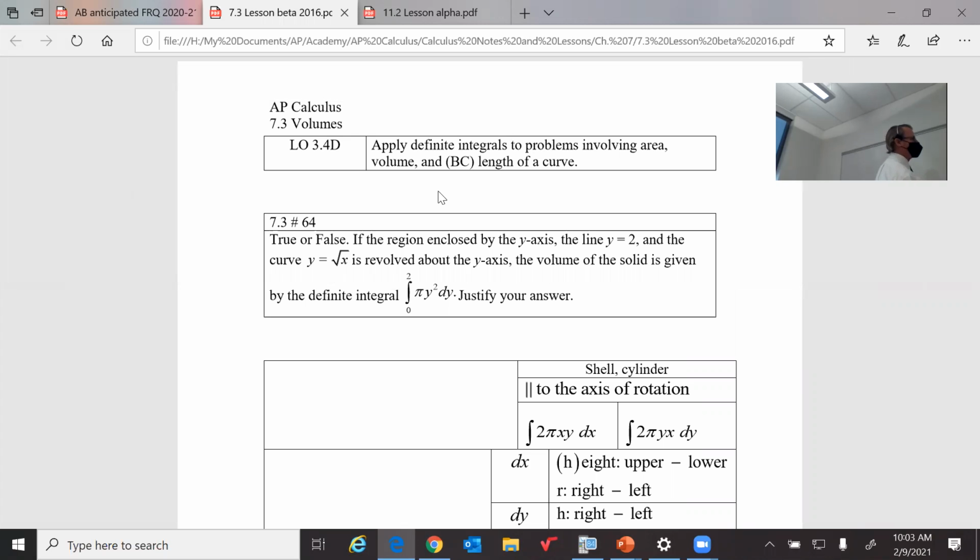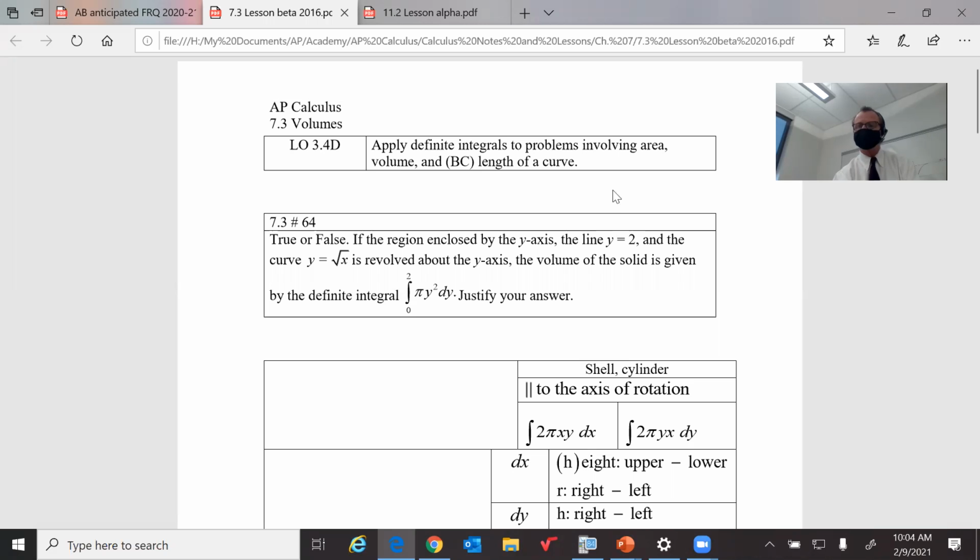You would say, I got the y-axis, and y equals 2, and y equals root x. And you want to take that and revolve it around the y-axis. Right? You need to do this. If that's the question, you need to draw the picture and then say if that's what's being asked. We good? We'll come back to that. I just want you to say, okay, I can make sense of what's being asked.